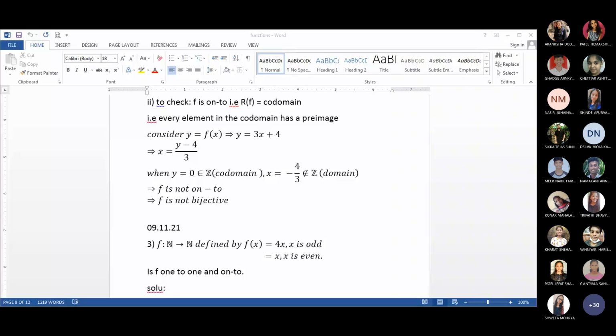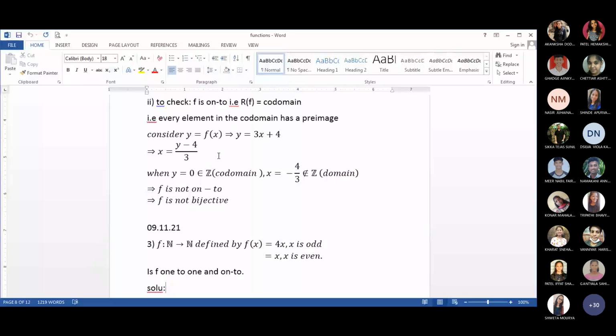Okay, we go to the next example, which is the first example for the day. We have a function f which is defined from the set of natural numbers to itself. And how is it defined? f of x is defined as 4x if x is odd, and it is x when x is even.